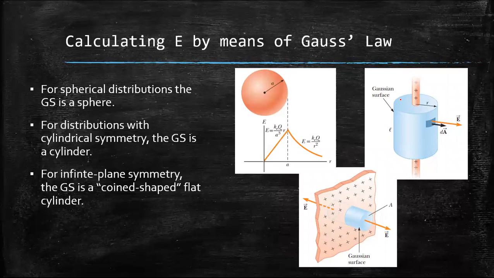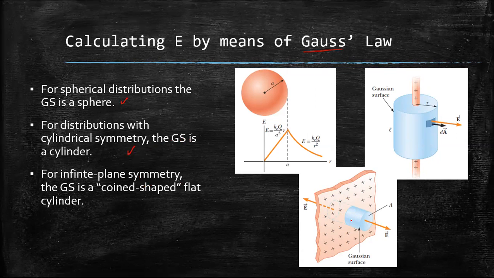Now, in this way, we can make a summary and state that whenever we want to calculate electric fields by means of Gauss law, we have to look at the symmetry of the system. In this case, if we're talking about a sphere, of course, we have a spherical symmetry. Therefore, a Gaussian surface would be a sphere. In the case of the wire, there is cylindrical symmetry, so that the Gaussian surface would be a cylinder.